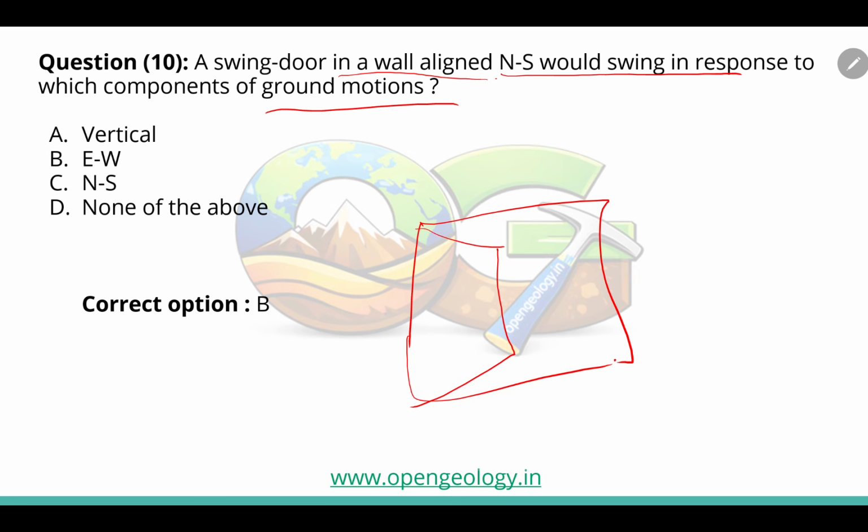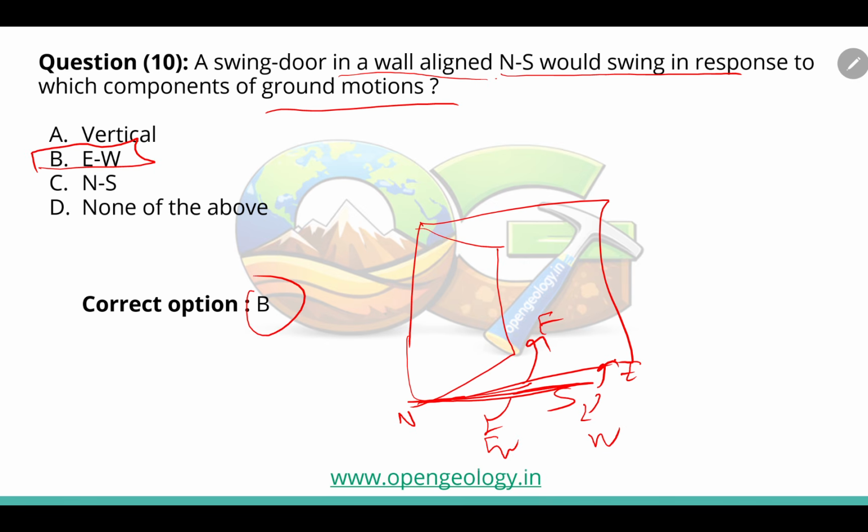Now it is aligned in the north and south direction. This is the north and this is the south direction. Now if it goes that way or that way, it will swing in the east and west direction. So door is aligned north-south, it will swing in the east and west direction. So the correct answer would be B, east and west.